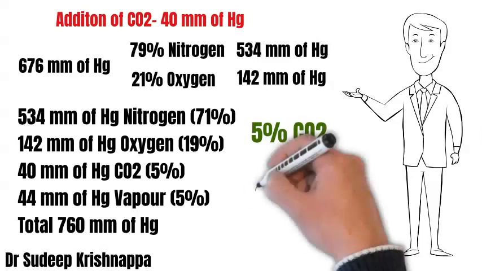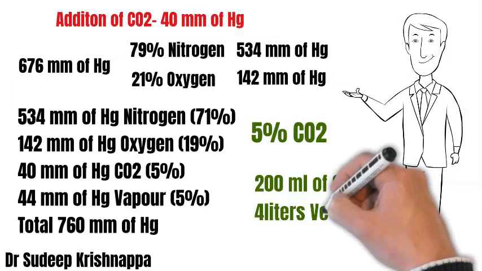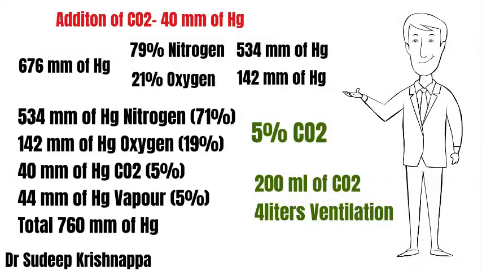So, thus, 40 millimeters of CO2 would translate to 5% CO2 as a composition of the alveolar gas. In order to eliminate 200 mils of carbon dioxide in a minute as a 5% mixture, we would thus need 4 liters of minute ventilation. That's how we arrived at the minute ventilation of 4 liters.